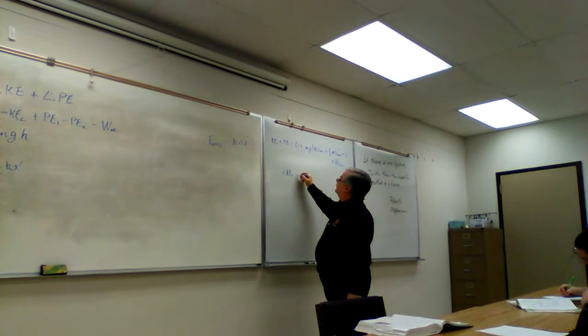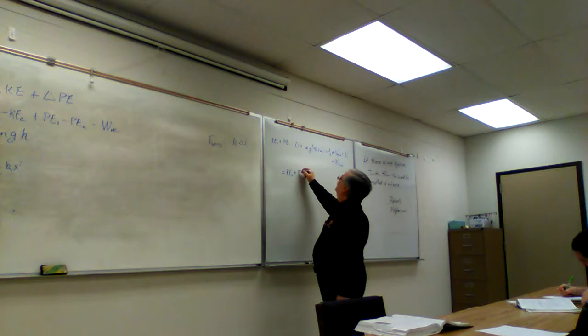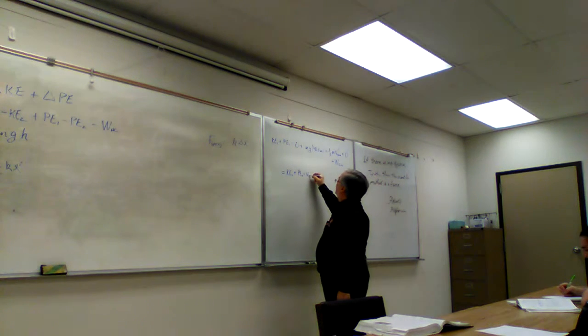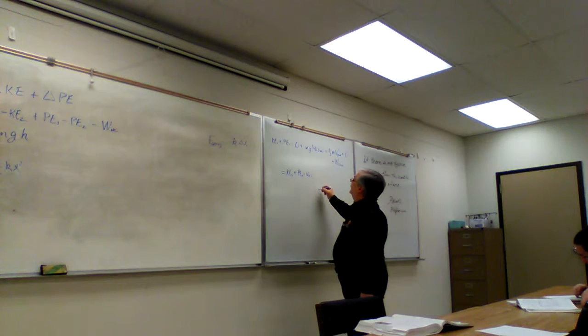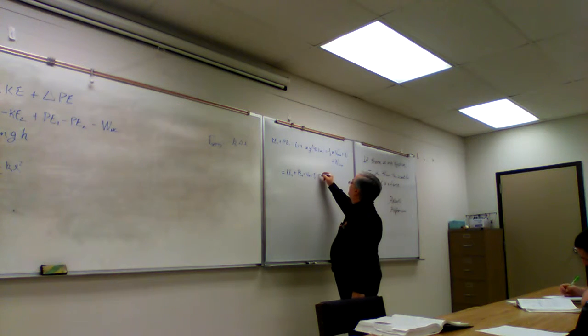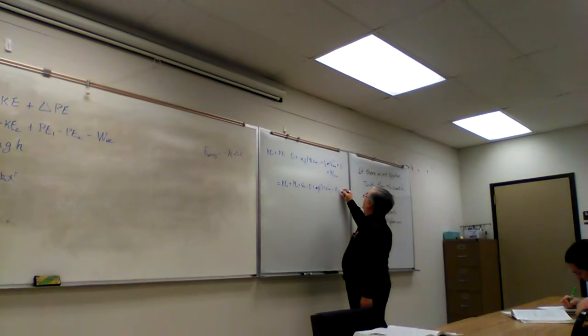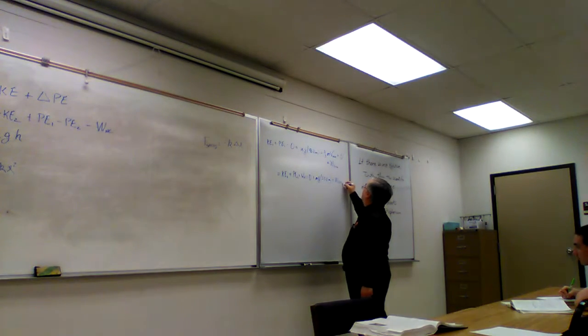So its kinetic energy at point 2 plus its potential energy at point 2 plus the work done by friction is equal to 0 plus the mass of the cart times gravity times 25 meters plus the work done by friction to that point.